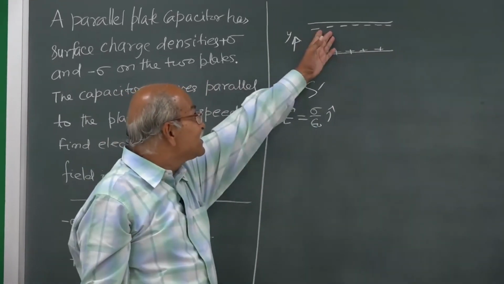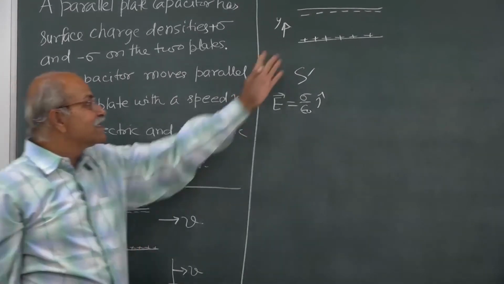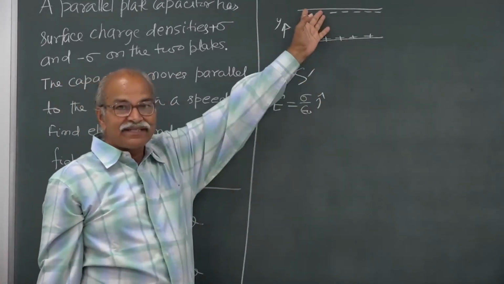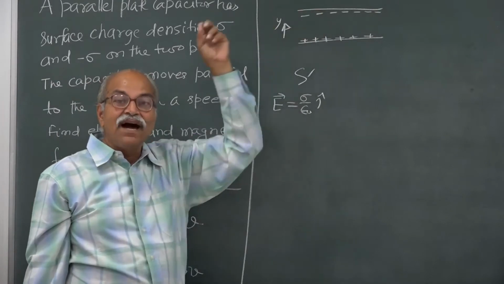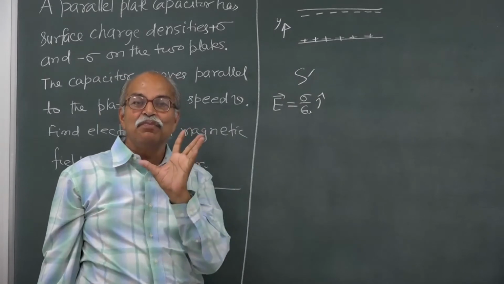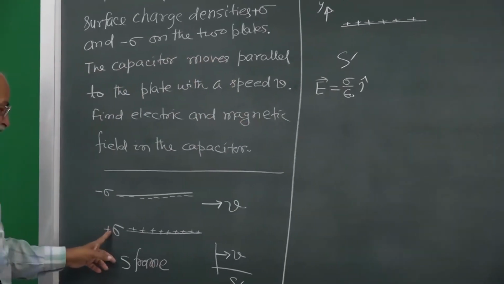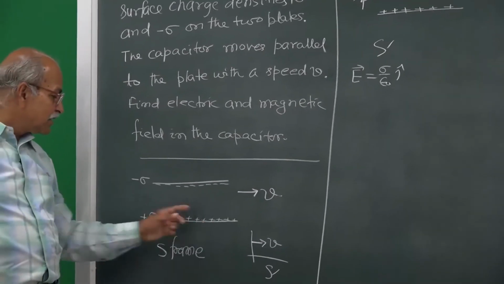The problem is this is moving, this is at rest, in this frame it is at rest, and surface charge density is charge per unit area. So, this sigma which is given here is charge per unit area.